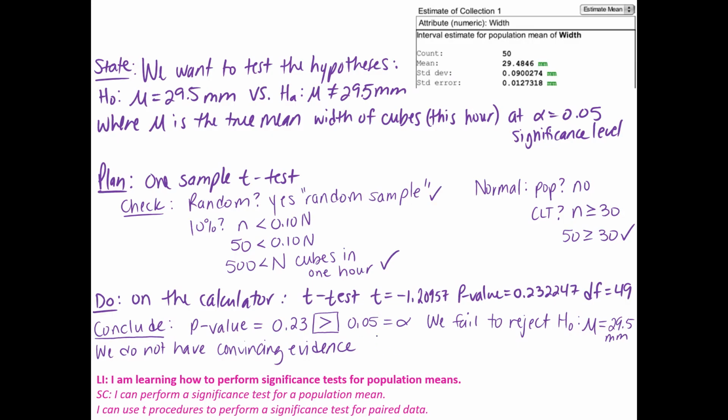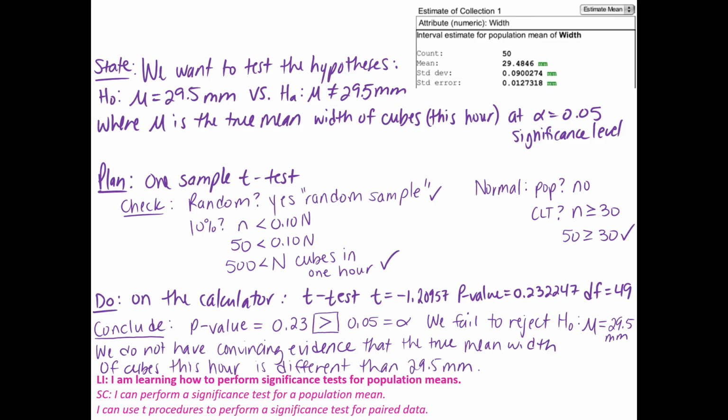And here I'm going to say that in words, essentially, that the true mean width of cubes this hour is different than our null hypothesis, which was the 29.5 millimeters.